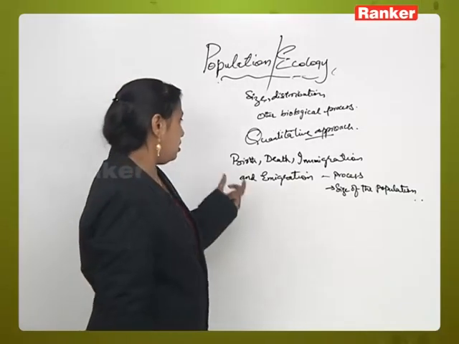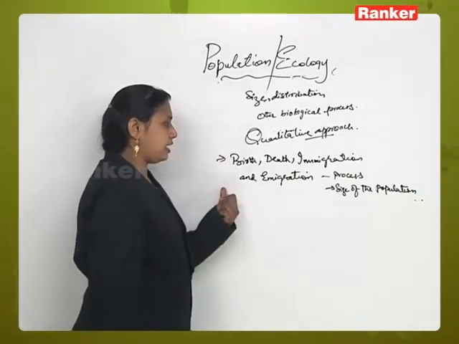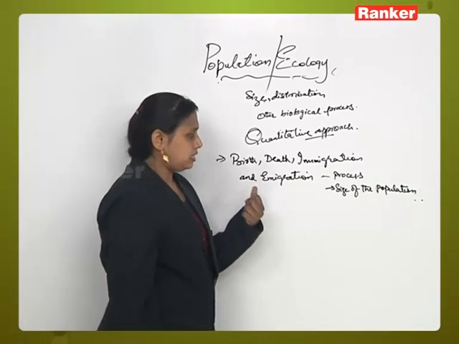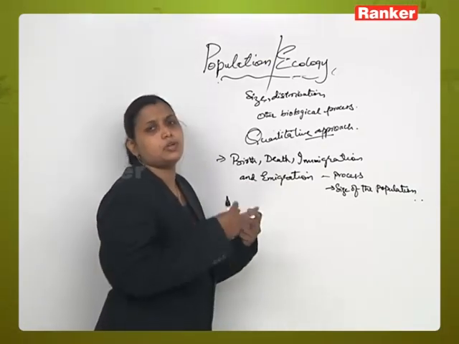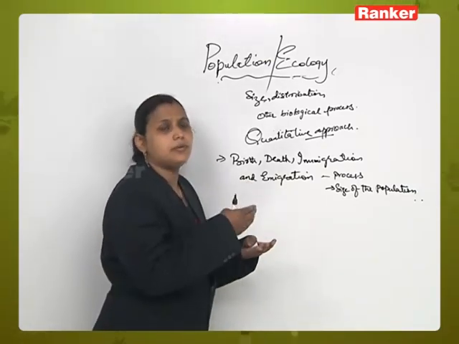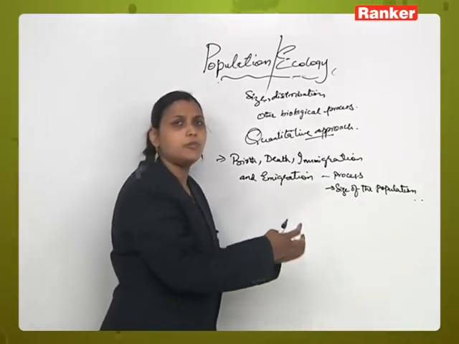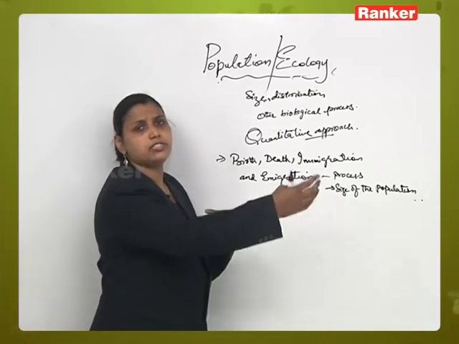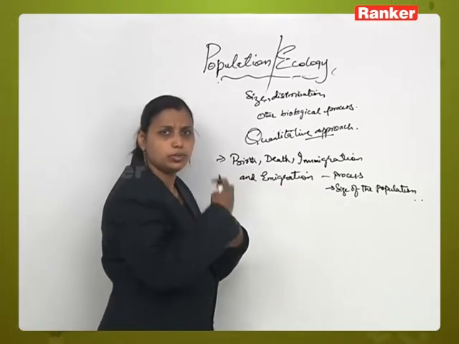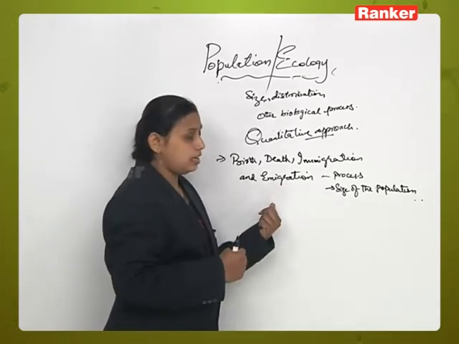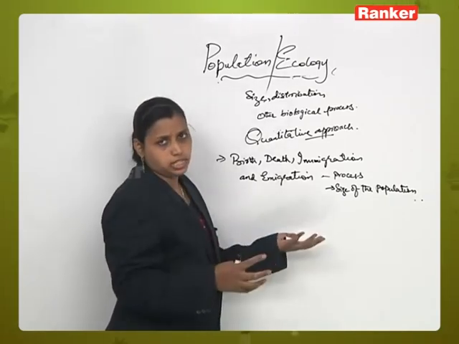These will be the basic criteria with which we can say, in a group of population, what is the particular size of the population, what is the birth rate, what is the mortality rate, how many are going out of that population in a particular area, how many are being emigrated, or how many new individuals are coming in to increase the size of the population.